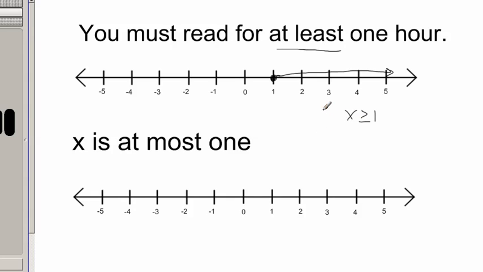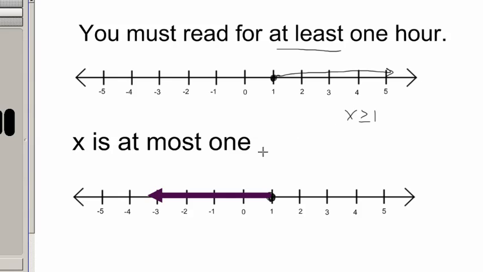If I tell you x is at most 1, that means I can have any number for x up to and including 1. Since I'm including 1, I'm going to color that in. I'm actually going to try to draw the line like this. Okay, very good.